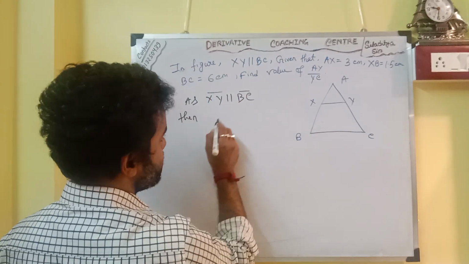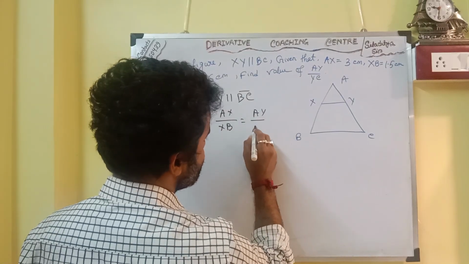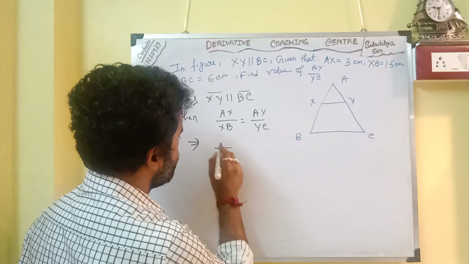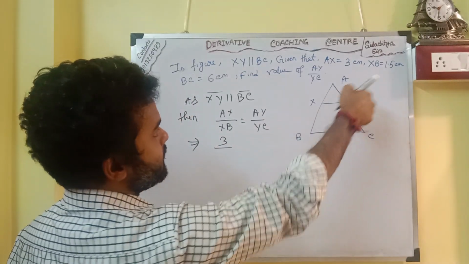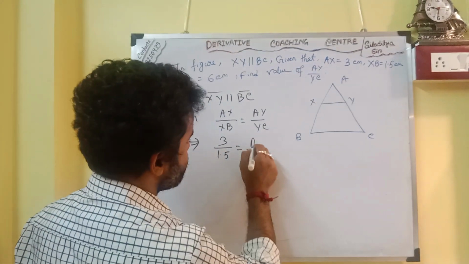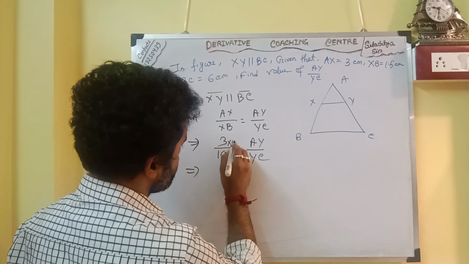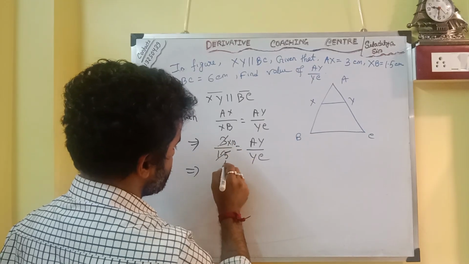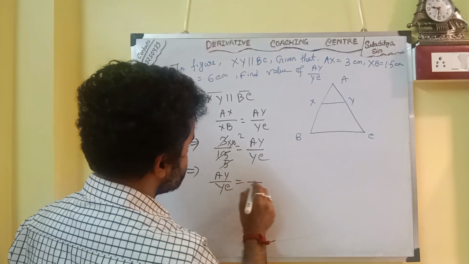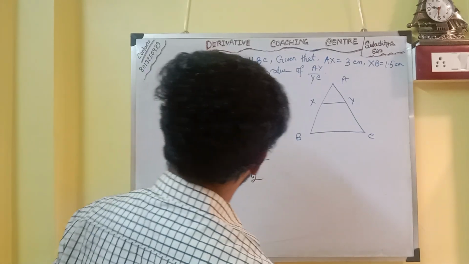So you write that as XY is parallel to BC, so AX by XB equal to AY by YC. The value of AX is 3 centimeter, put the value of AX, and XB is 1.5 centimeter. So AY by YC equal to 2.